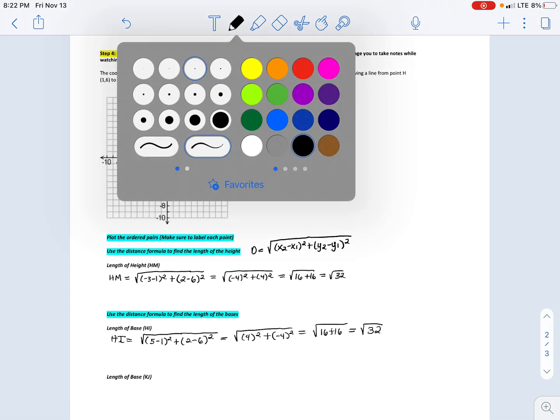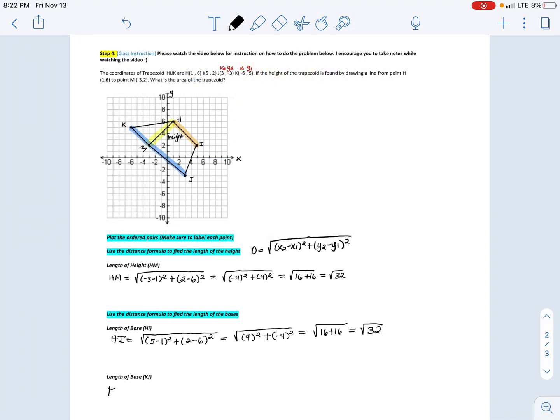And so I have that KJ is equal to the square root of x2, which is 3, minus x1, which is negative 6, squared, plus y2, which is negative 3, minus y1, which is 5, squared.